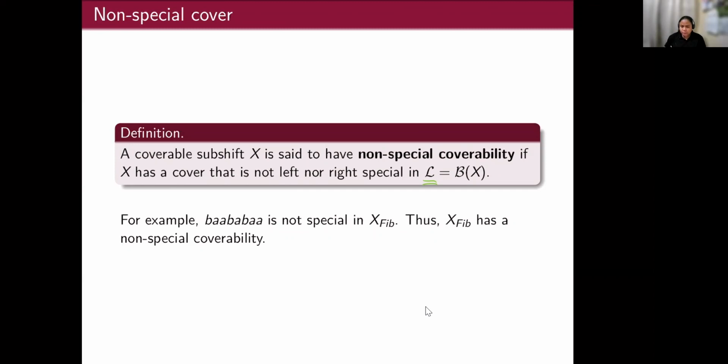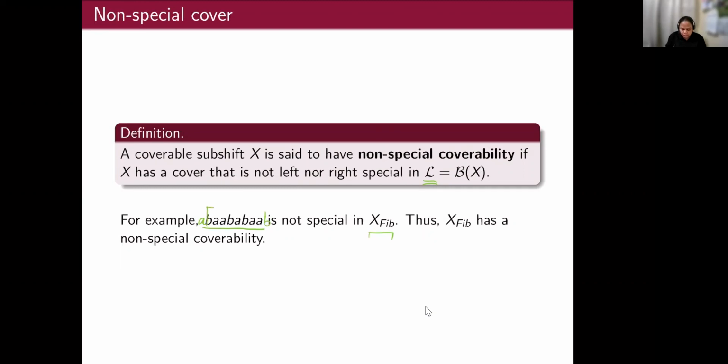So in our previous example, we were able to show that the Fibonacci substitution subshift is coverable, and it is non-special coverable because there is a cover of the Fibonacci subshift that can be uniquely extended to the left by A and uniquely extended to the right by the letter B.